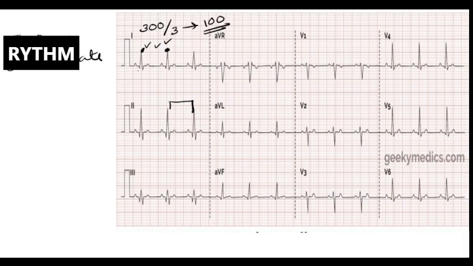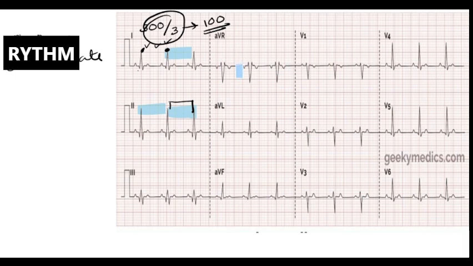This formula, 300 divided by the number of large boxes, is applied only if the rhythm is regular. As you can see in this diagram, the rhythm is regular.